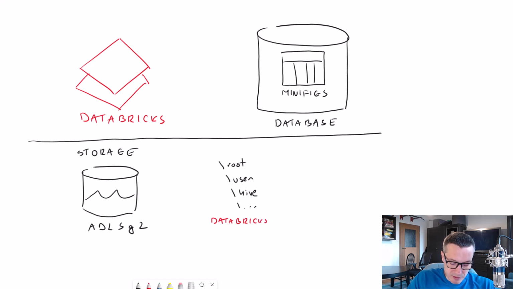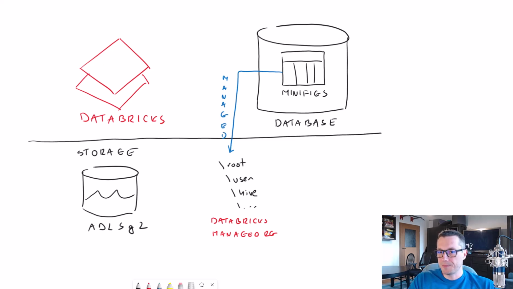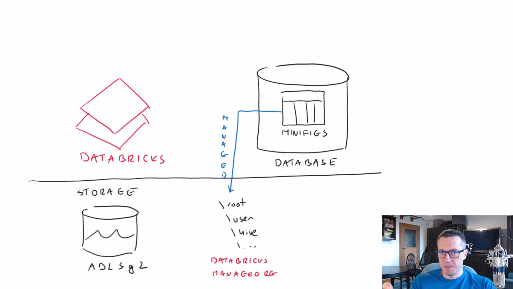So Databricks managed RG. So this was a managed table. All right, so one more time. The definition of our database and table is stored on the Databricks side.